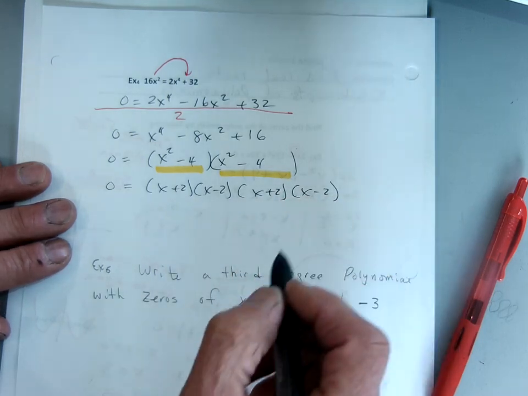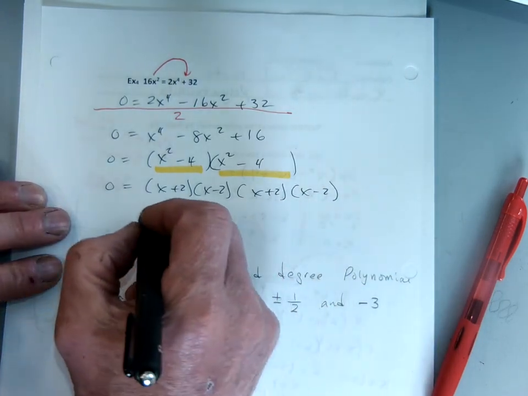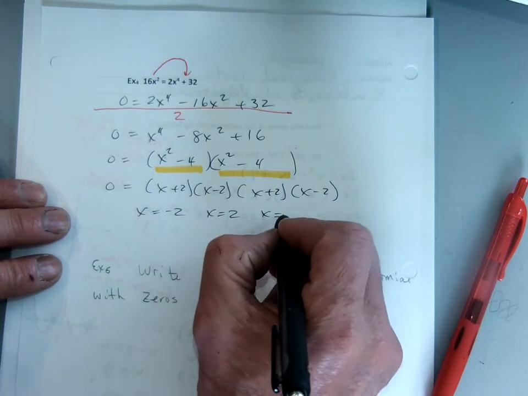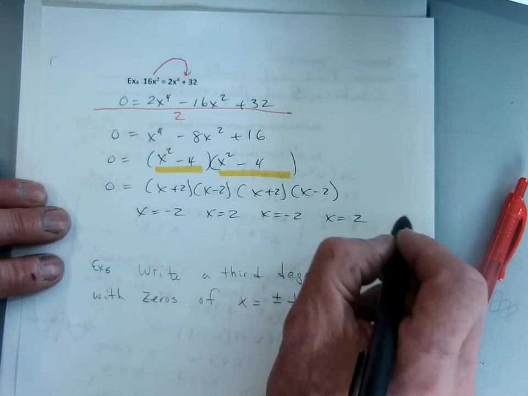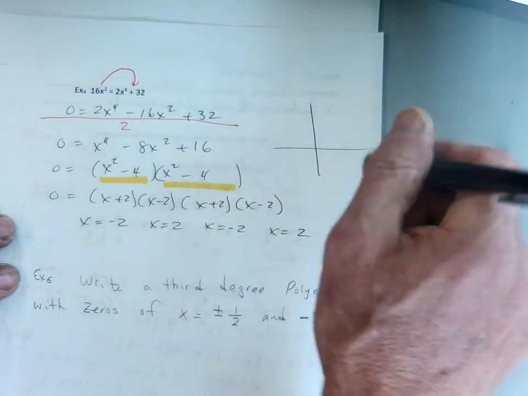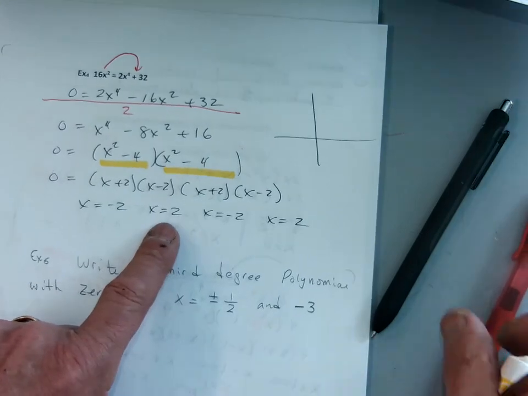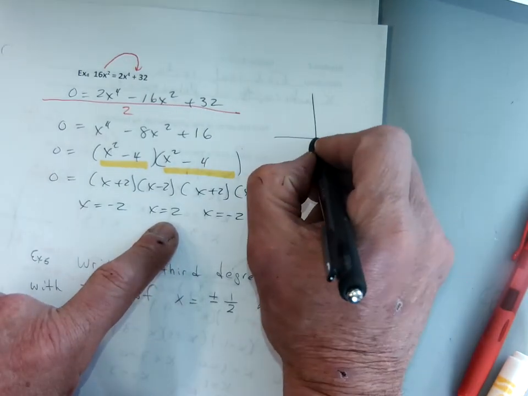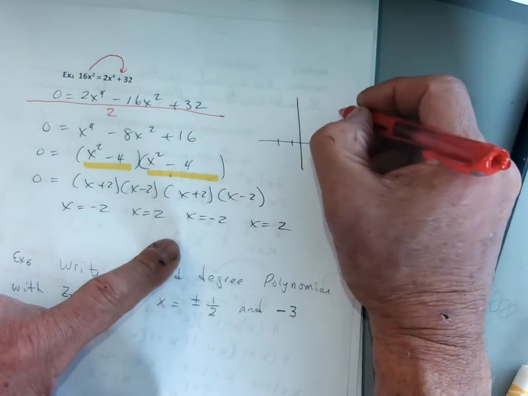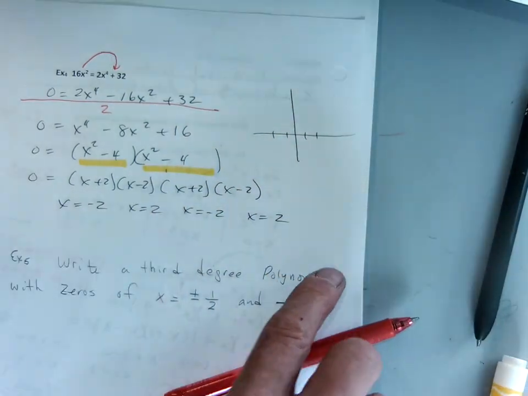Now, do I really need my mini equations? You guys okay with me just saying x equals negative 2, x equals 2, x equals negative 2, and x equals 2 again, right? So what does this graph look like? Well, anytime you get a number that happens twice, it's called a double root. So it has to literally go through, watch. I'm going to do it up here so you guys can see.